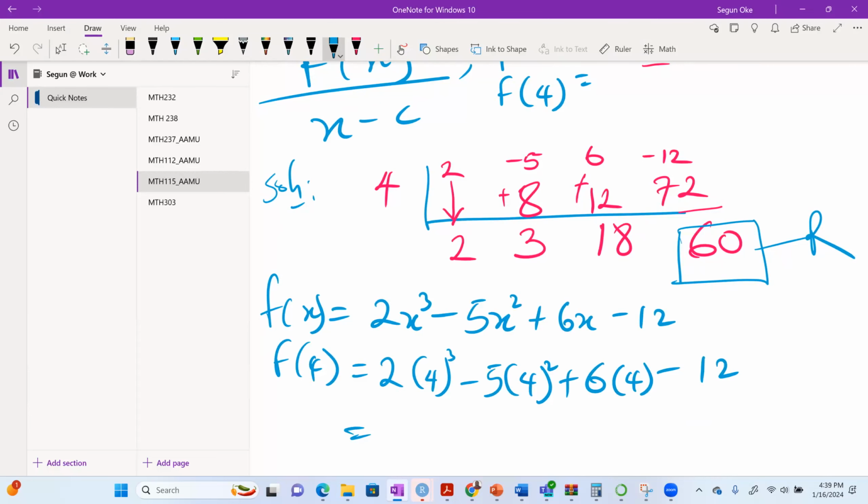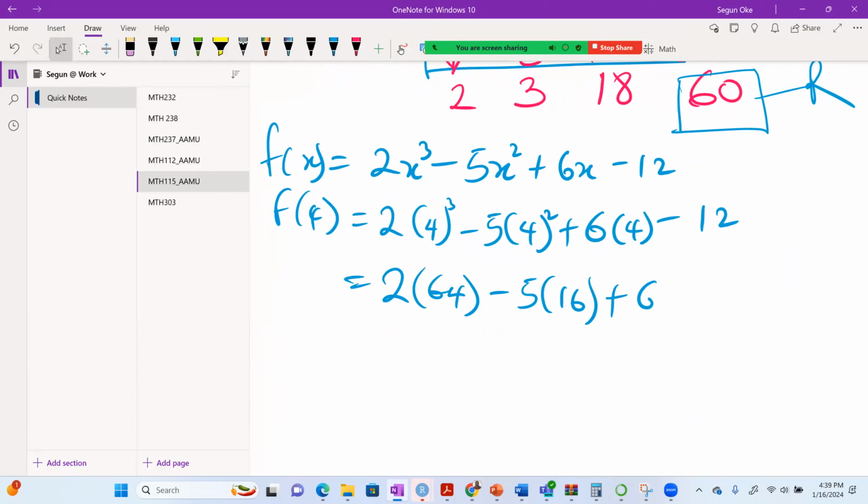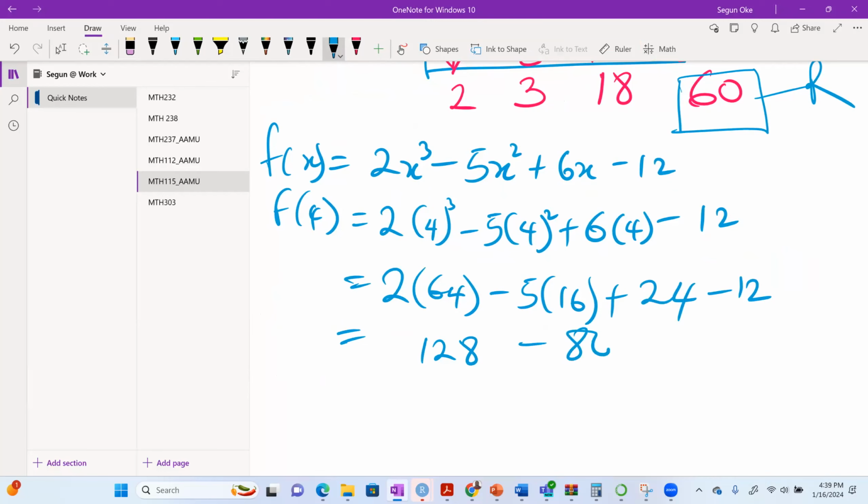If you punch your calculator very well, you have 2 into 64 minus 5 into 16 plus 24 minus 12. If you do it very well, you have 128 minus 80 plus 12. Then our f(4) is equal to 60.